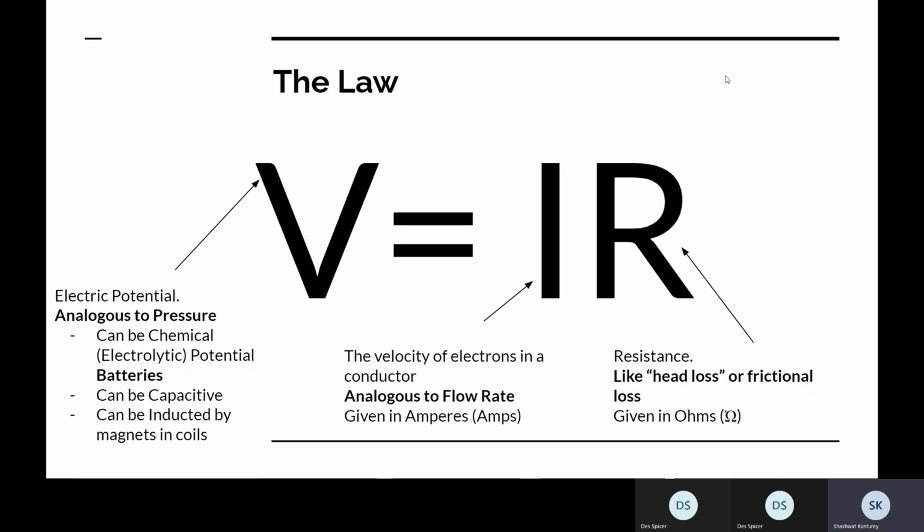Resistance is a little like head loss. When fluid flows through a pipe, you have frictional effects and pressure drops from certain devices in the pipe. Resistance is like that in the sense that it resists the flow of electrons. The units of resistance are ohms.